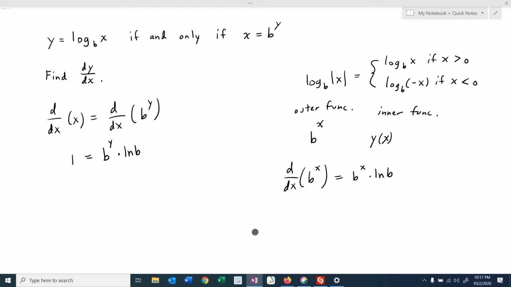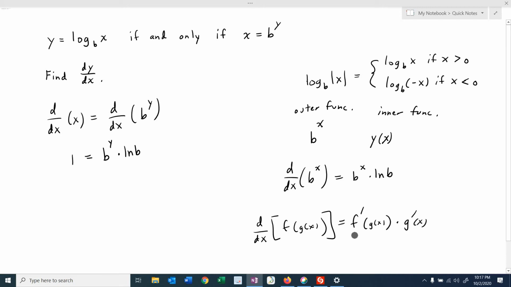Remember, in your derivative formula for the chain rule, it's f prime evaluated at the inner function g of x times g prime. So our outer derivative is not just simply the derivative of this outer function, it's the derivative of the outer function then evaluated at the inner function.